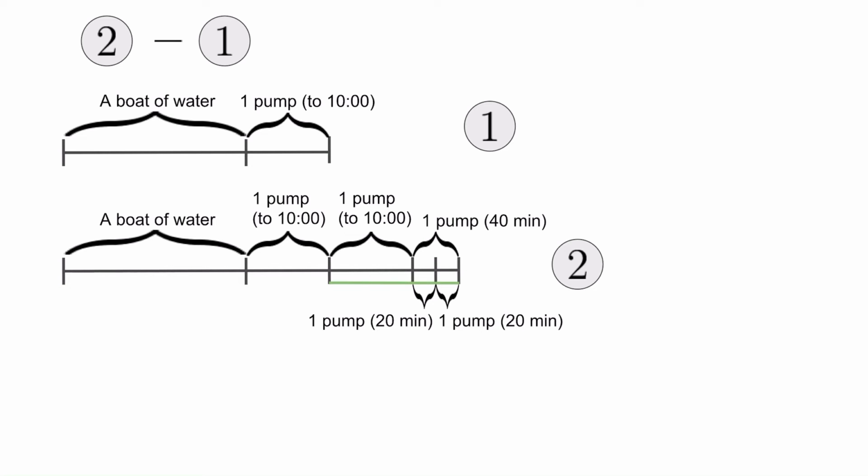This line segment, the green one, represents the difference between case 1 and case 2. Case 1 and case 2 have 120 units and 140 units of water, respectively.